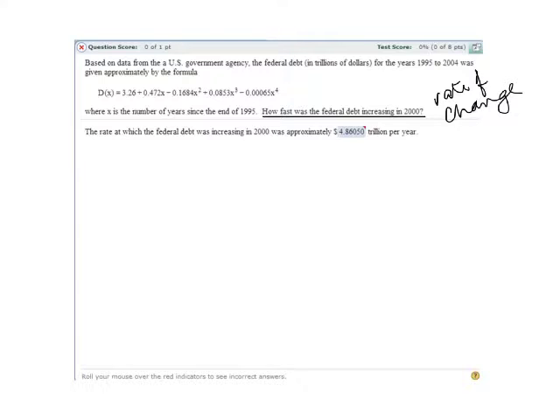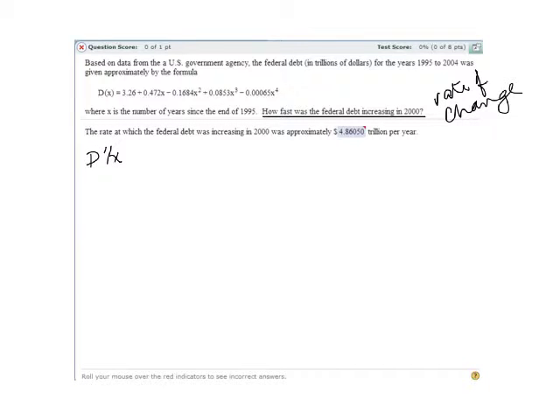Anytime I'm asked that, the derivative comes to the rescue because the derivative gives us the rate of change of functions. It tells us the rate of change of the output with respect to the input at a particular value. So that's the first thing: I know that I'm going to need a derivative because of this rate of change question. All right, so let's go ahead and find that derivative.